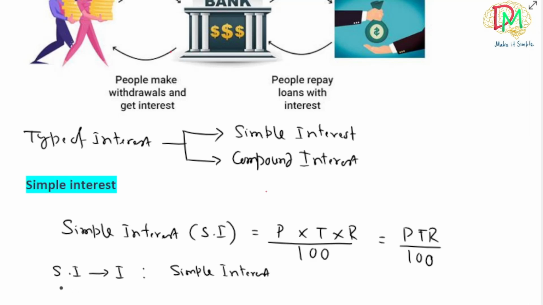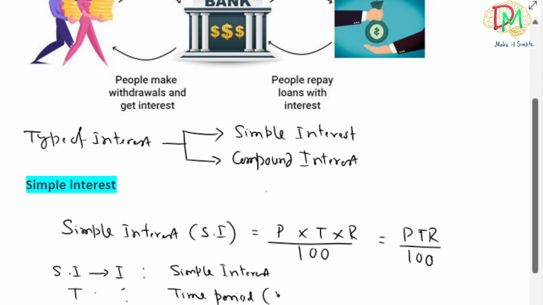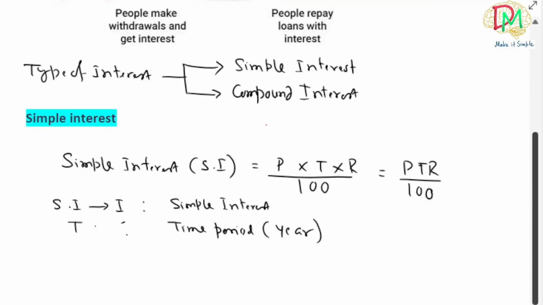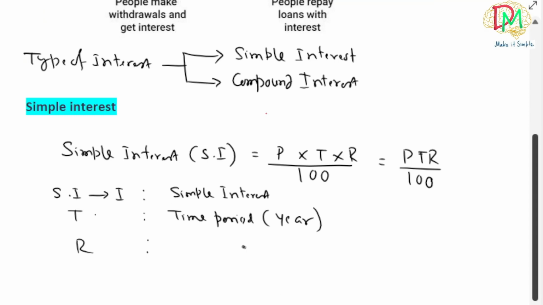Here the T is time, consider in year, and R is rate of interest.